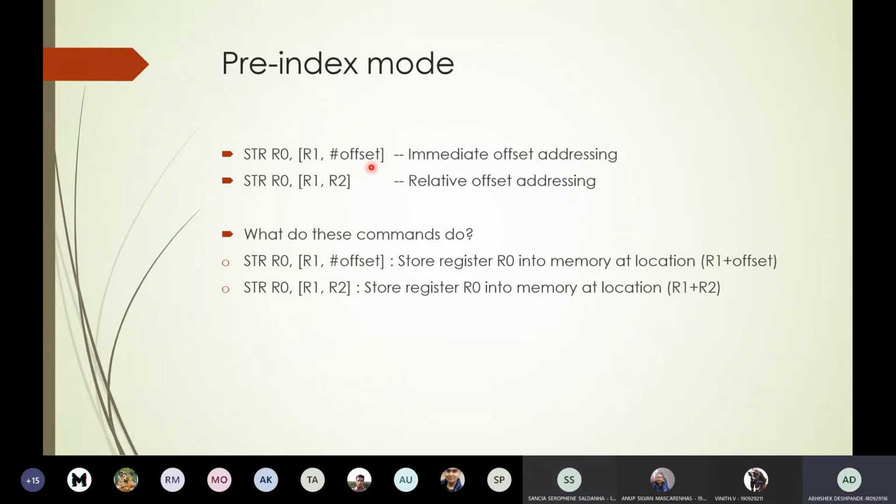Then similarly for R0, R1, R2, it will store the register R0 into the memory location R1 plus R2. An important thing to note here is that the value of R1 does not change. Even though you provided an offset over here, the value of R1 will not change with this command. So we'll quickly look at this command in Keil and see what sort of output it gives us.